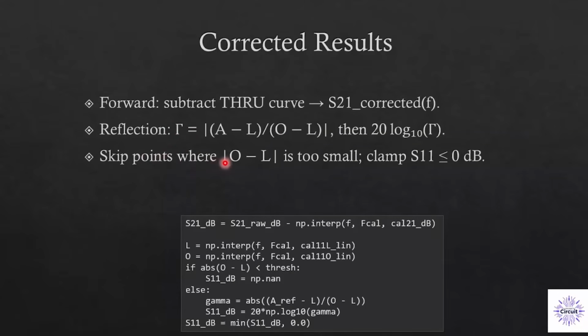And as mentioned, we are skipping the points where these two become close, because as you can see, O minus L comes in the denominator, and if this is close to 0, it may make gamma very large and inaccurate.